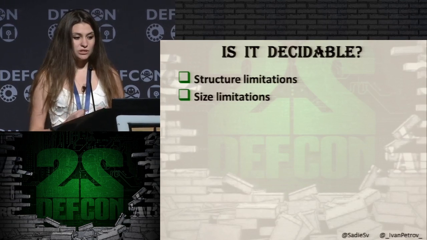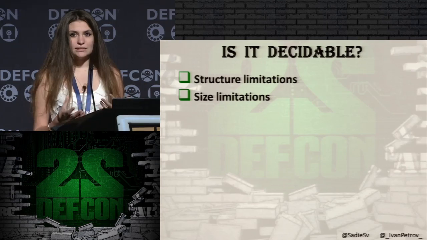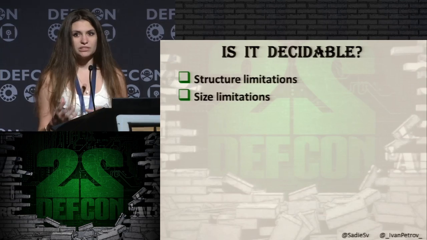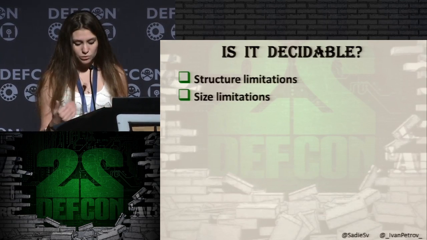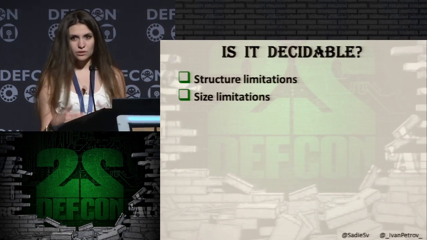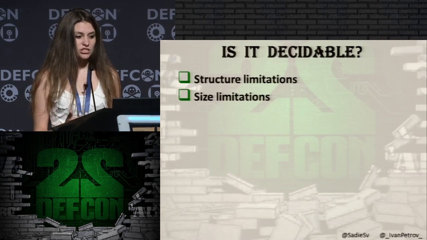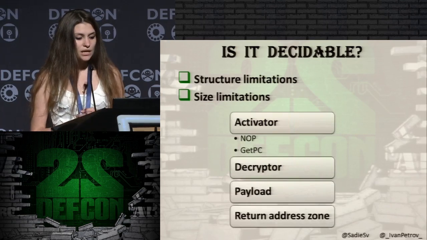So how is it possible to detect it? The answer is that we are exploiting certain vulnerabilities, like memory corruption vulnerabilities. So we want to override some pointers, and that leads to some structure limitation and size limitation inside our shellcodes. So we will focus on that.